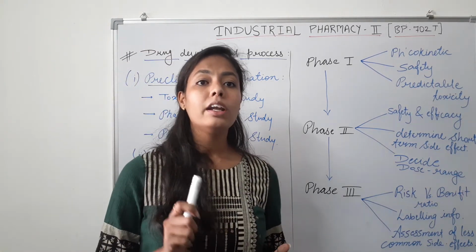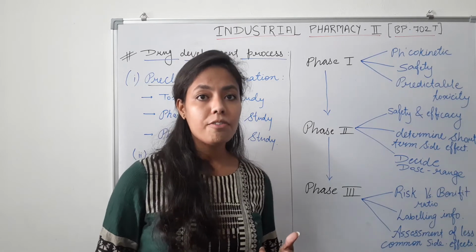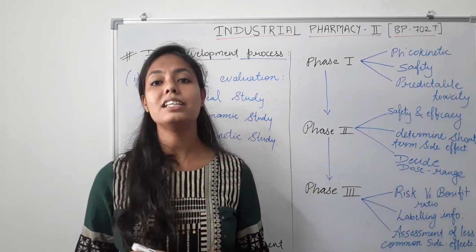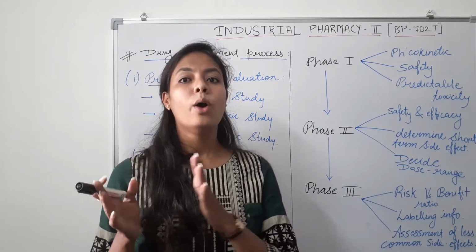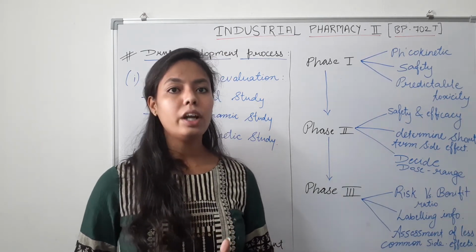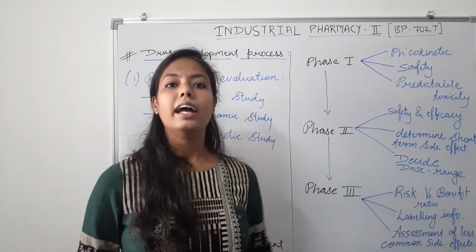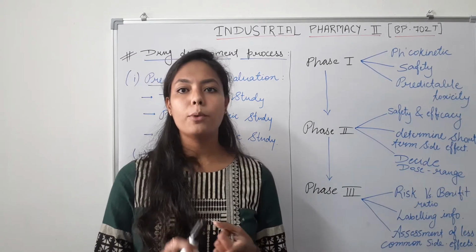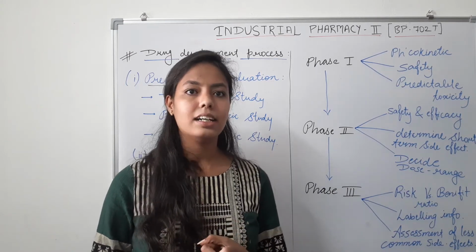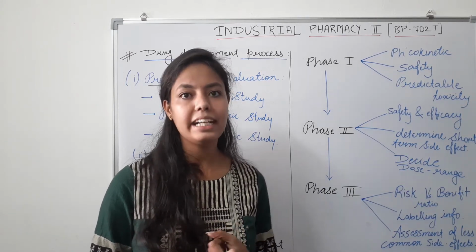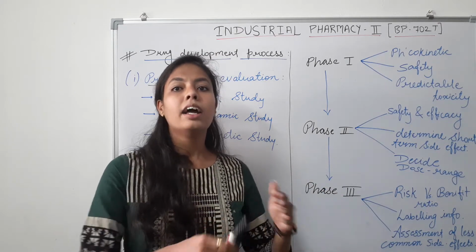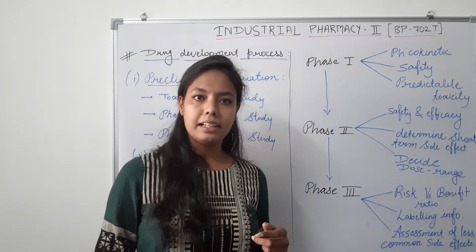Upon completion of phase 3 studies, the sponsor files the NDA, that is new drug application, with the respective regulatory authorities to market this drug. The NDA consists of the complete monograph of the product, proposed brand name, package inserts, detailed drug development data, etc. This application is then thoroughly reviewed by the regulatory department.